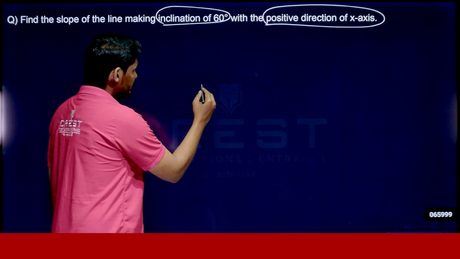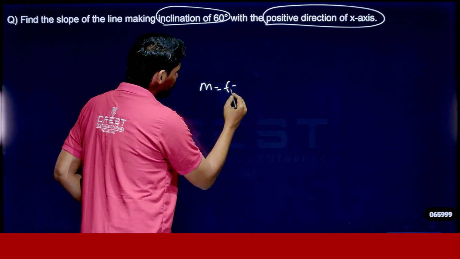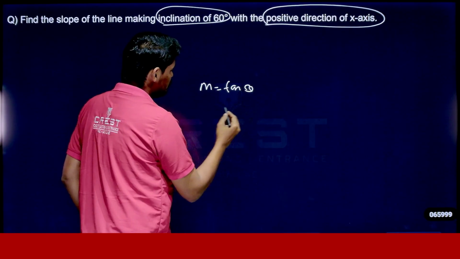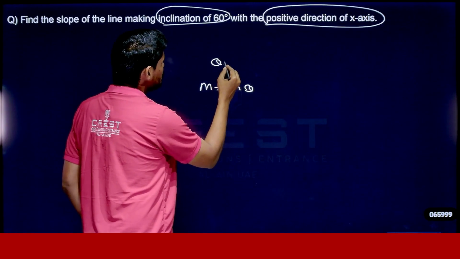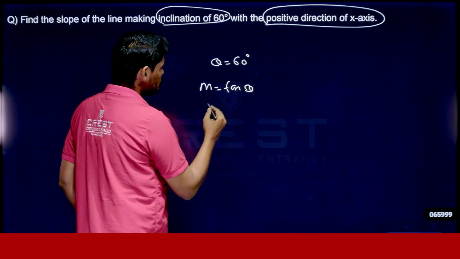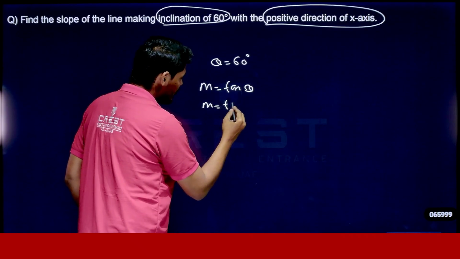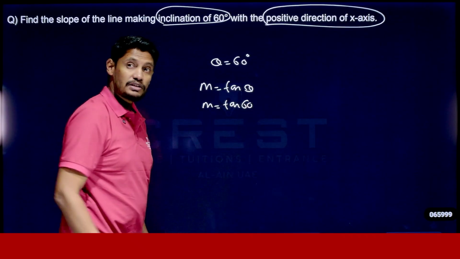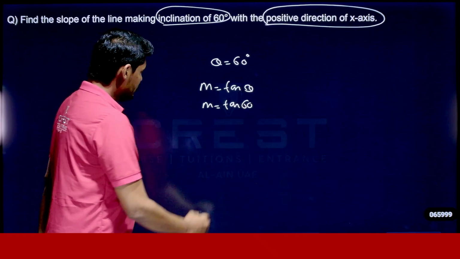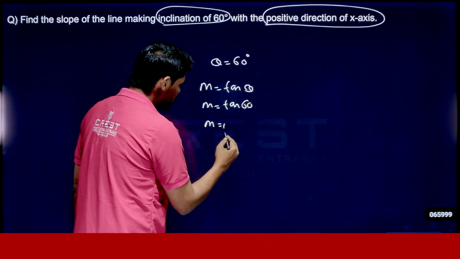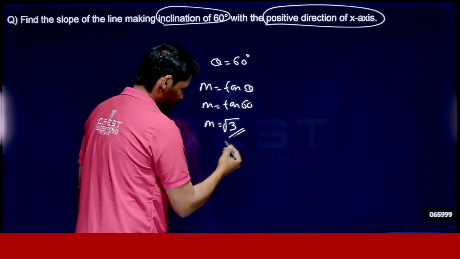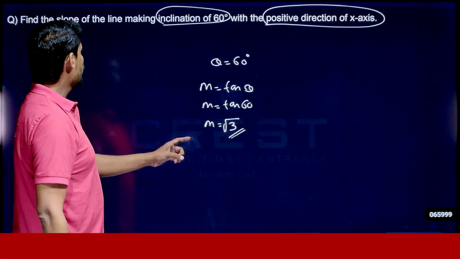So we use m equals tan theta. Here theta is 60 degrees, so m will be tan 60. What is the value of tan 60? Tan 60 is root 3. So m equals root 3. This is the slope of the line.